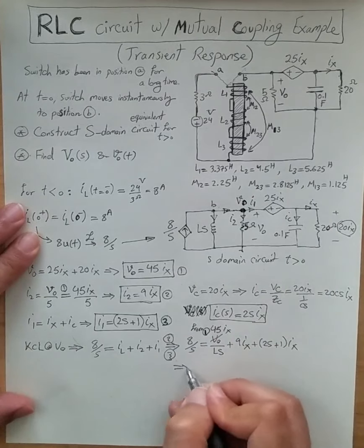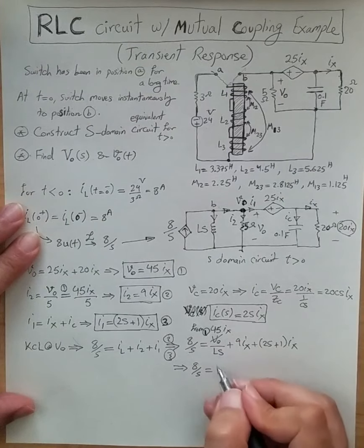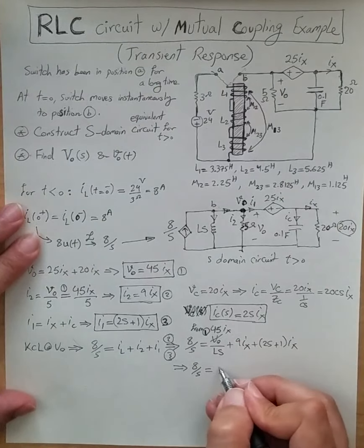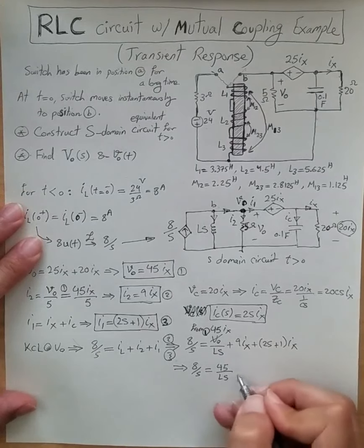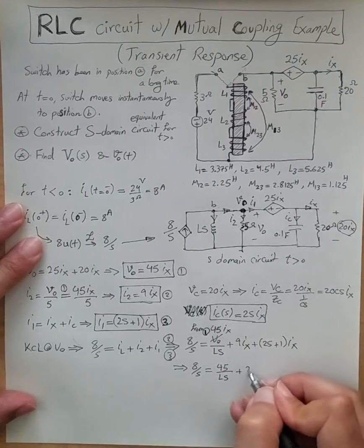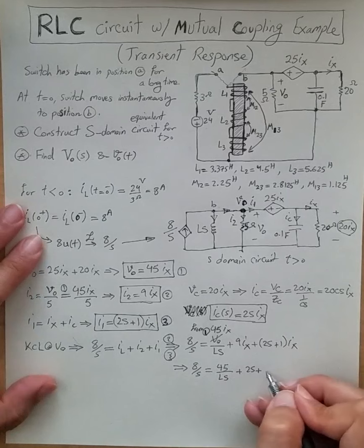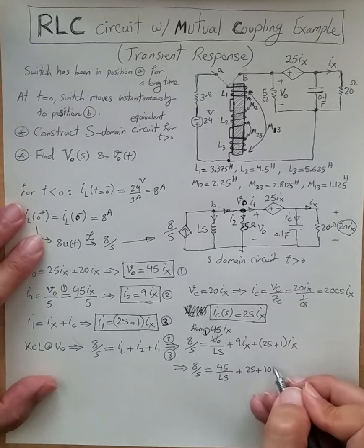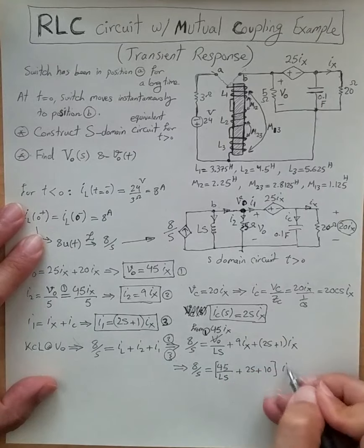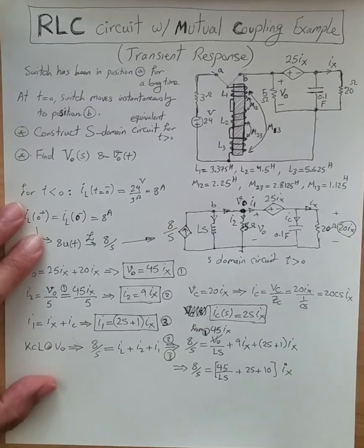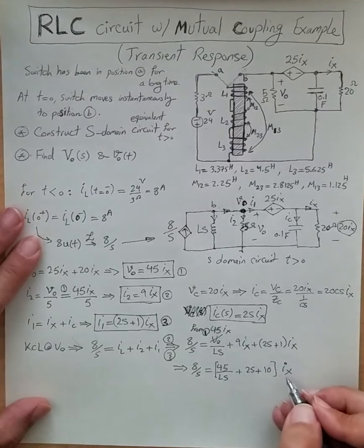So I can clean up. 8 over S is equal to, and L we have to find out, 45 LS plus 2S plus 10 times Ix. Great. So now we have a simple equation that allows us to find Ix.